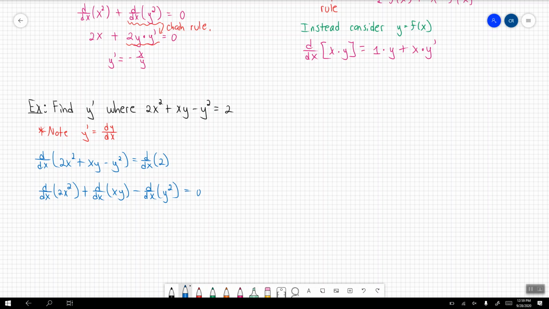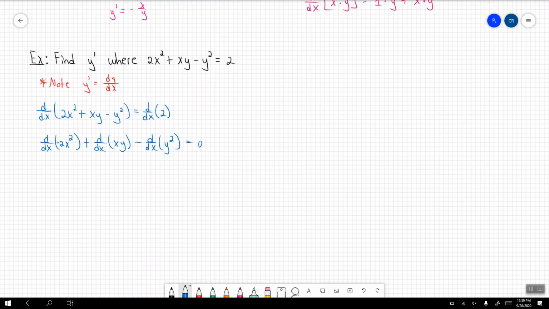So the first term, when I take that derivative with respect to x, is going to be 4x. That's nice. The second term, I need to use the product rule. Why do I need to use the product rule? Well, because I have the function x and then the function y multiplying one another, and y has an embedded value of x.